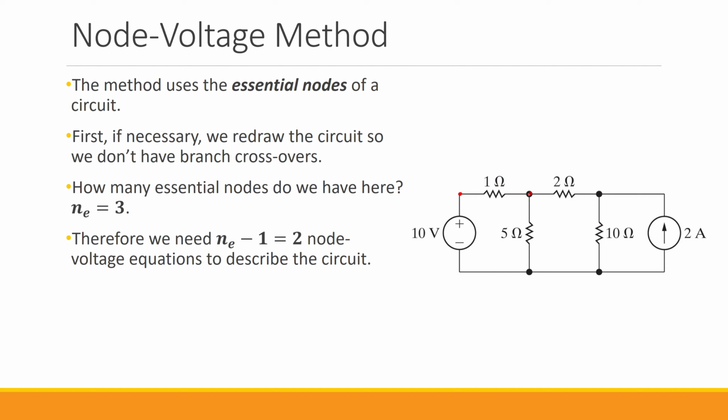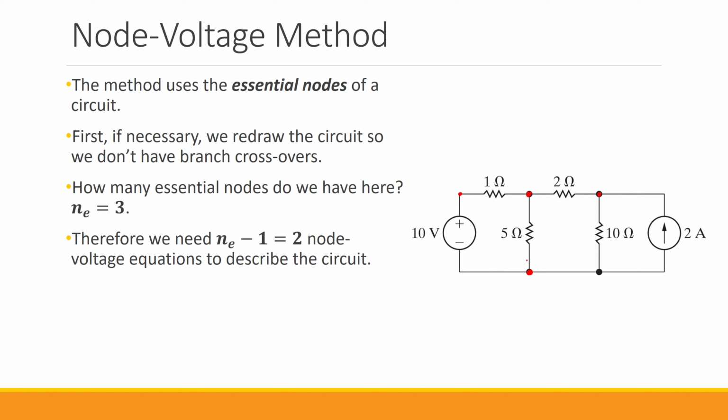Then this is another node. 1, 2, and 5 ohm resistors are connected at this point. Then we have this node where we have the 2 ohm, the 10 ohm, and the 2 amps getting connected. And finally we have this node at the bottom where the 10 volt, the 5 ohm, the 10 ohm, and then the 2 amp are connected.